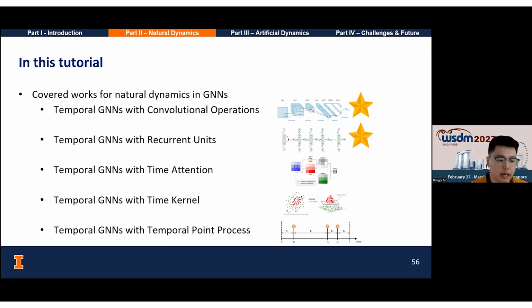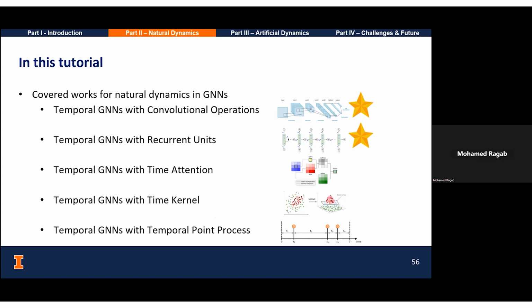And also we have the temporal point process as the attention mechanism. So after the recurrent introduction, we will step into the self-attention mechanism and see how the time kernel and time point process help the self-attention mechanism capture temporal information for graph neural networks.